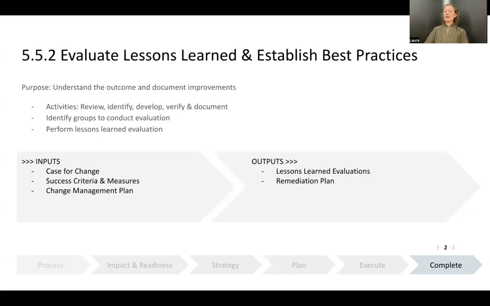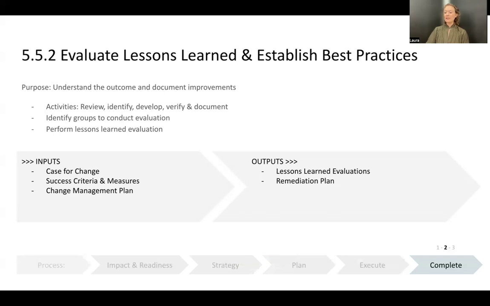The purpose of conducting lessons learned is to evaluate the success or adoption outcomes of the change management program, document what went well, record learnings, and share improvements for future change management programs with other change management practitioners or organizations. This step is conducted by the change management lead in concert with the project manager when possible.